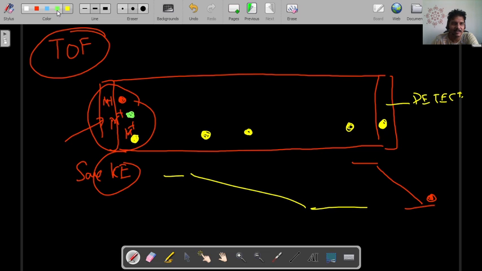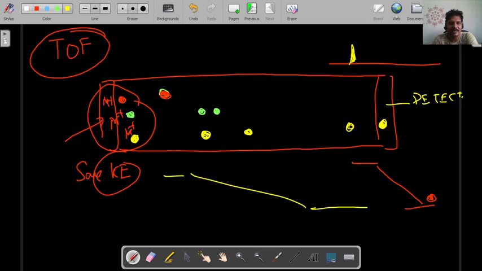Then the next mass will take some more time because of its mass to reach there. And the last one, the heavier mass, will take some more time. So first your yellow will reach. I will make a count for yellow. Yellow has reached.